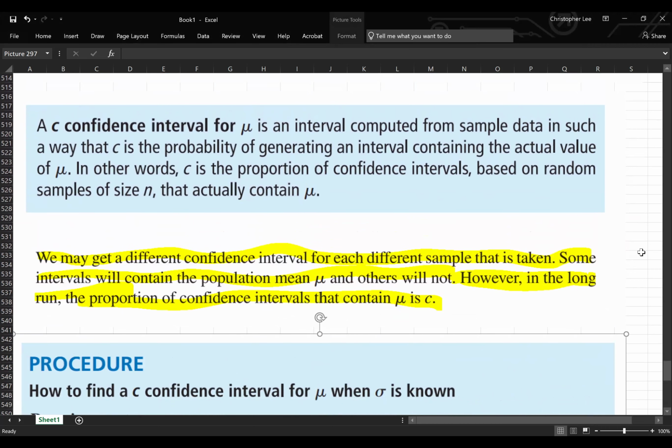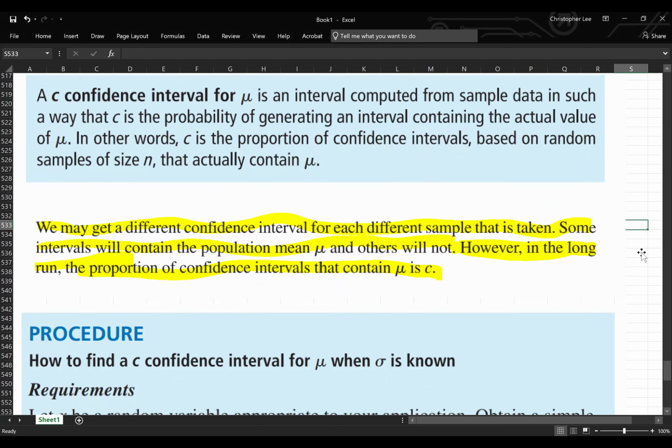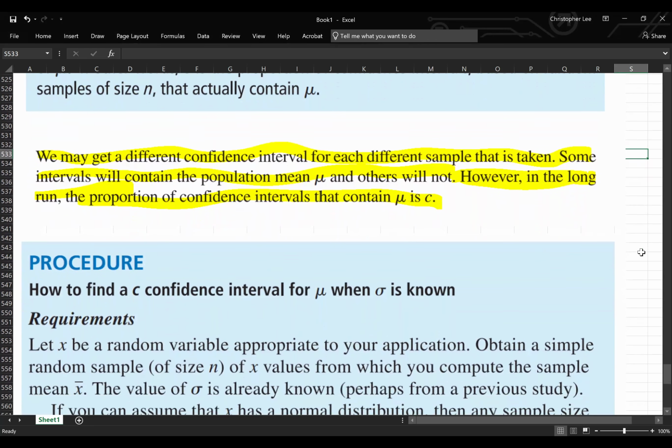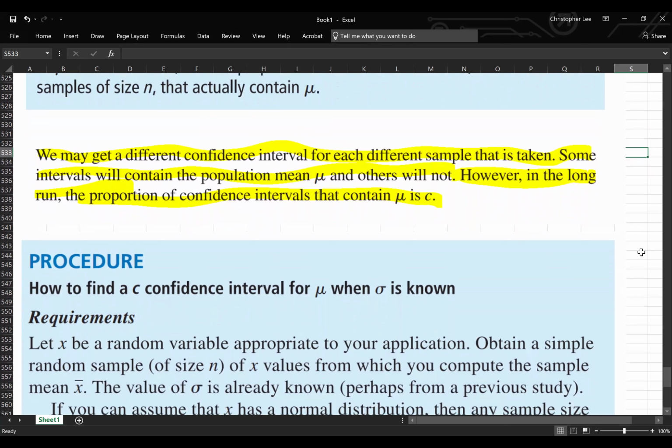So this is how to find a confidence interval for the population mean mu when sigma is known. Here are the requirements. Let X be a random variable appropriate to your application. Obtain a simple random sample of size n of X values from which you compute the sample mean X bar.